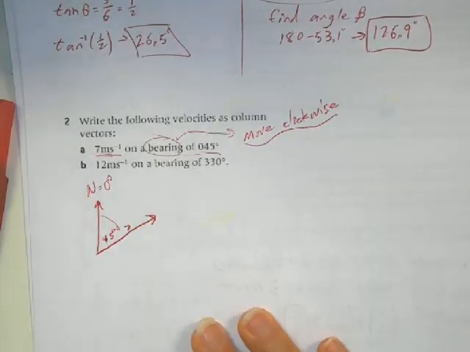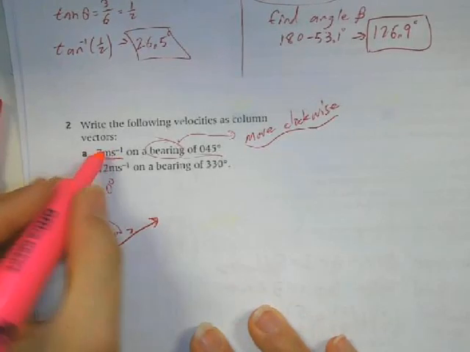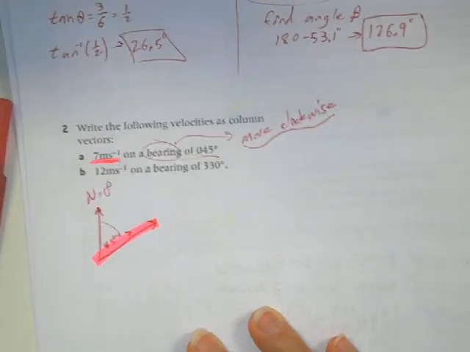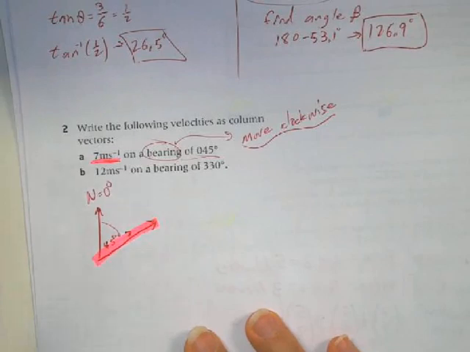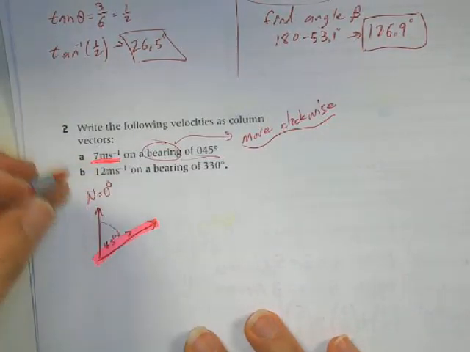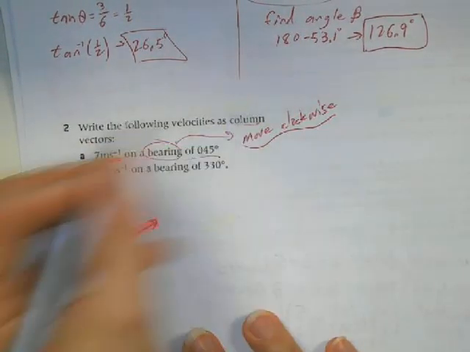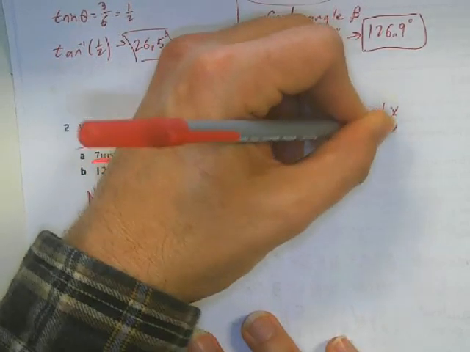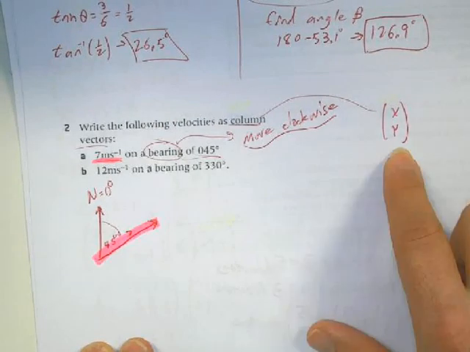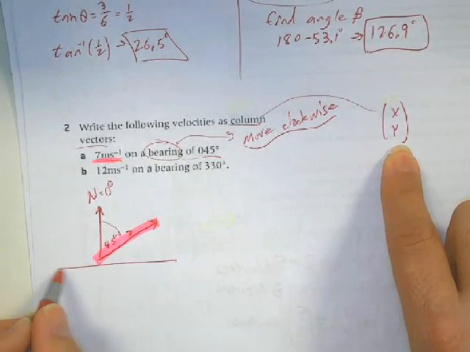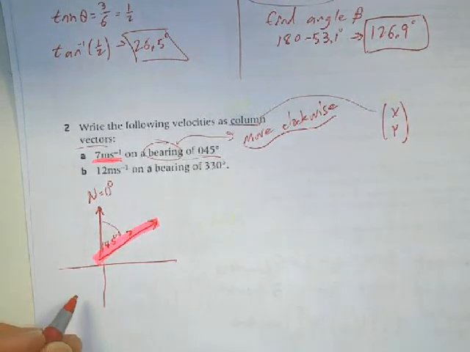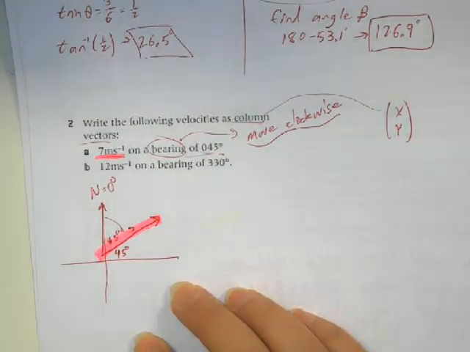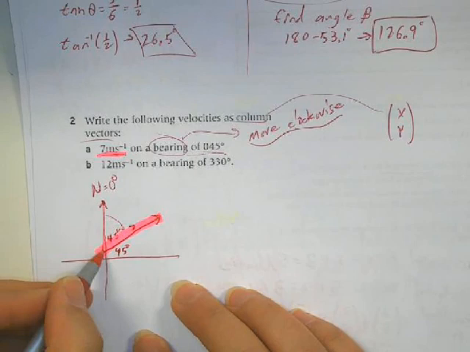Okay, so this length here is 7. Okay, and if we're going to write this as a column vector, it's going to look like x and y. So I need to know how far am I going in the x direction and how far I'm going in the y direction. So this is also 45 degrees, because that's a 90-degree angle, right?